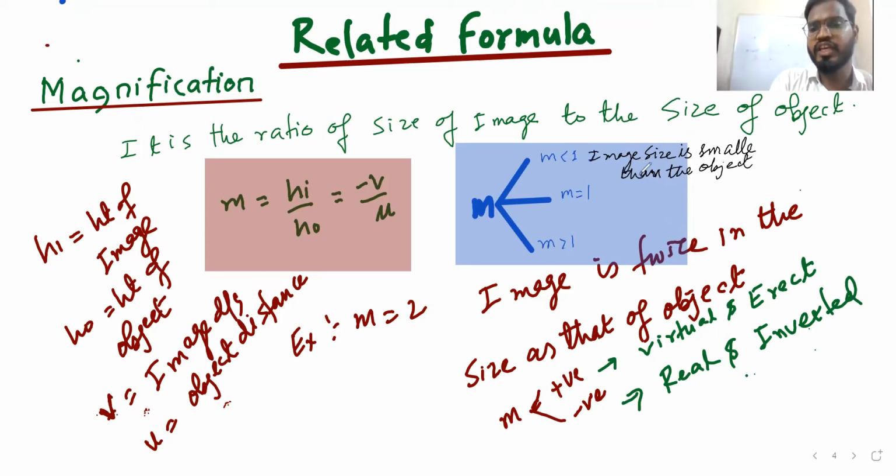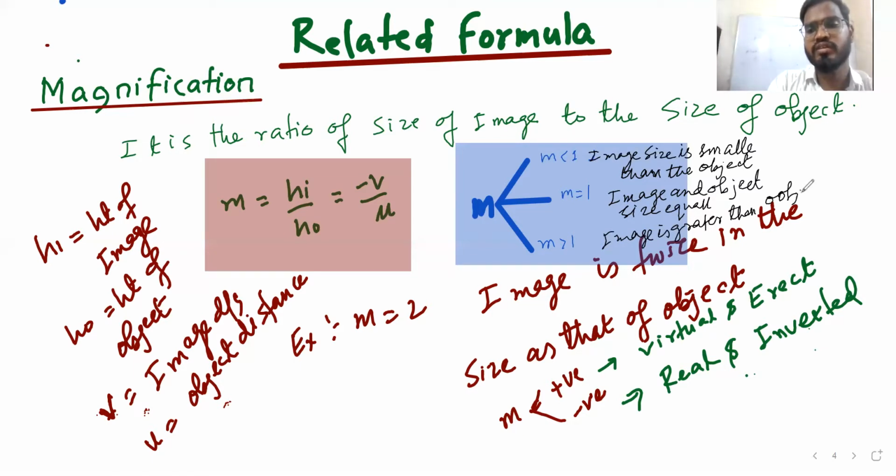If it is equal to 1, the image size and object size are equal. If it is greater than 1, the image is greater than the object.